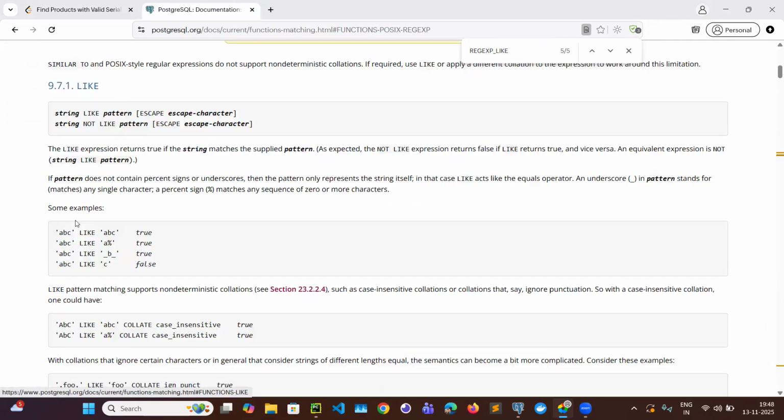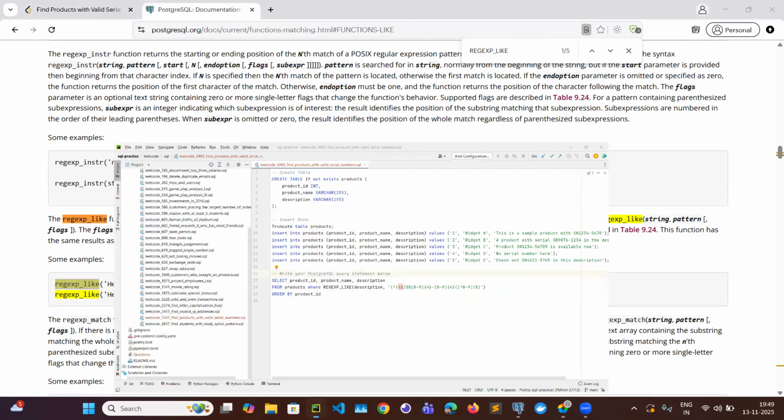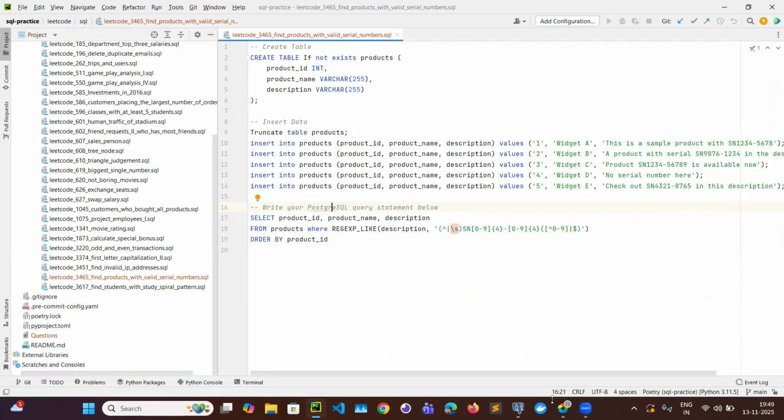For pattern matching we have LIKE, and similarly for regular expression pattern matching we have REGEXP_LIKE. It returns true or false, it takes the whole string, and then we can give the regular expression. So we can't use the LIKE keyword, we use REGEXP_LIKE.